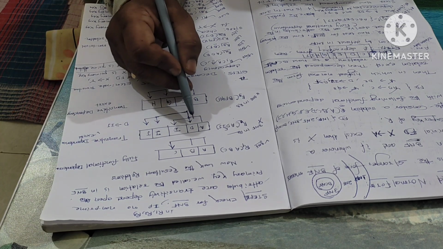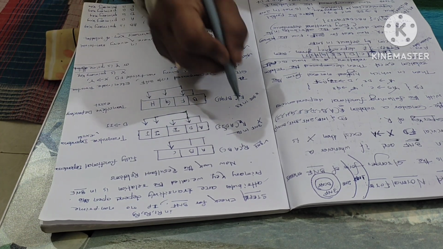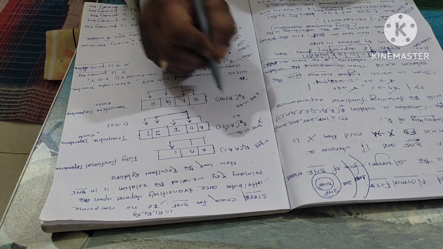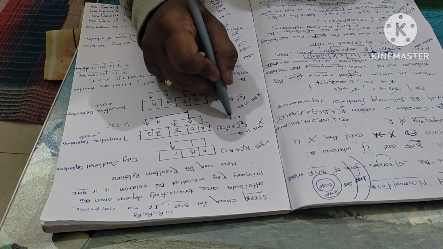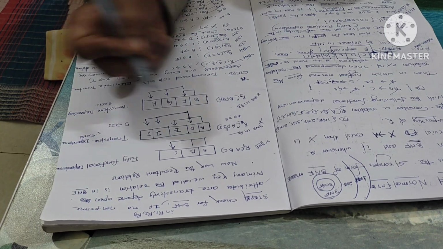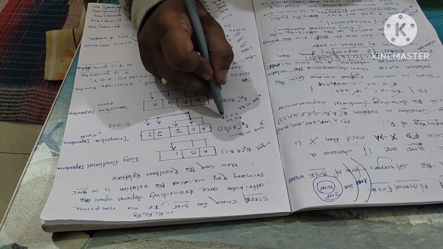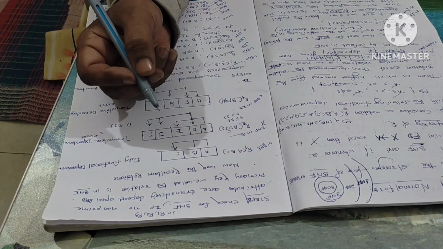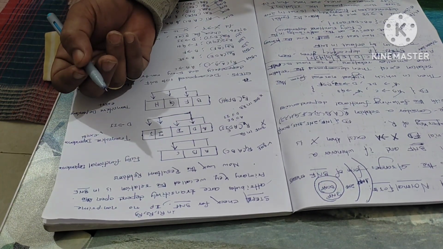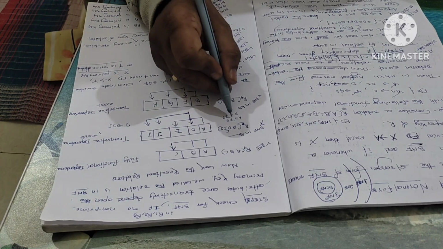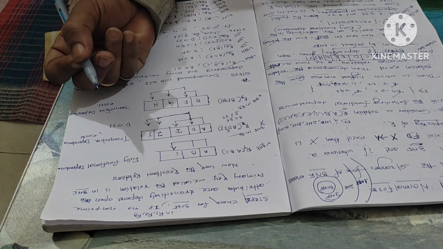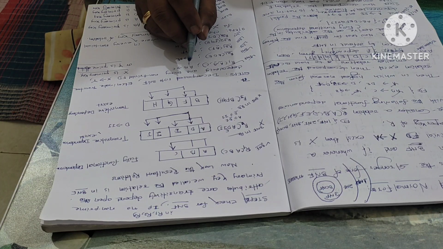Because A determines D, E and D determines IJ. A determines D and D determines IJ. Here a transitive dependency exists. So it is not in 3NF.